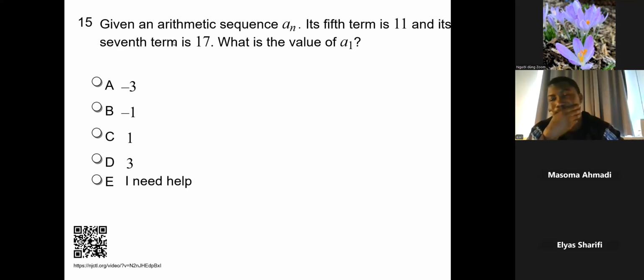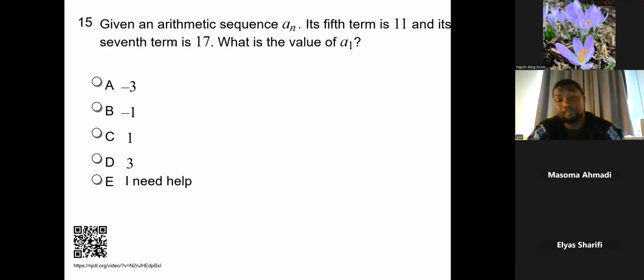And I solved it: a1 plus 6d minus a1 plus 4d is equal to 17 minus 11, and 2d is equal to 6, d is equal to 3. So I found the difference. So I put that a1 plus 4 times 3 is equal to 11. So a1 plus 12 is equal to 11, and a1 is equal to -1.